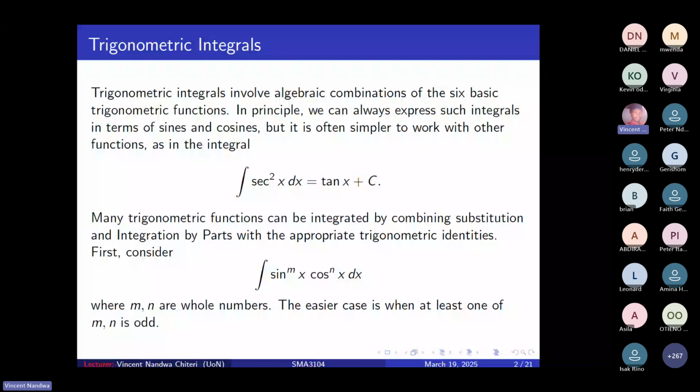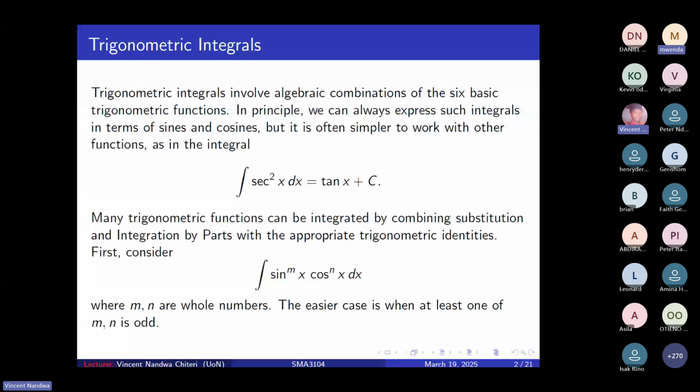Have you written that integral? Yes. So the best way for us to be at the same page, you need to listen and write at the same time. So the integrals we are dealing with in this lesson is the integrals of this form: sine power mx cos power nx dx.